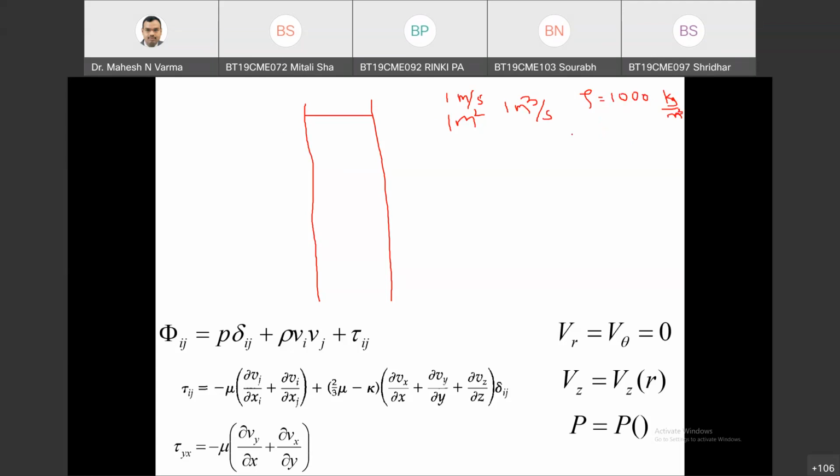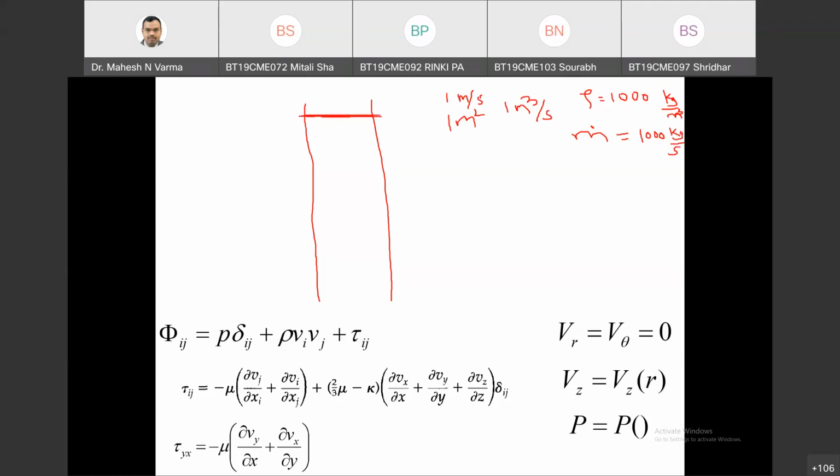So what will be the mass flow rate? Mass flow rate will be 1000 kg per second at this cross-sectional area.